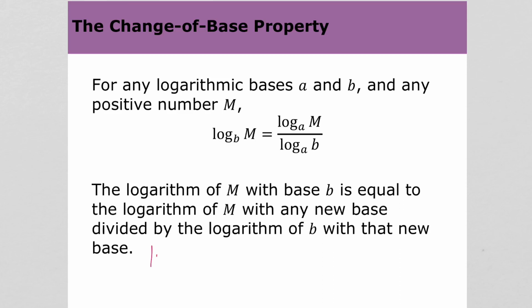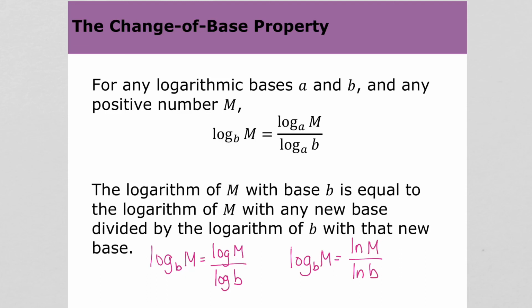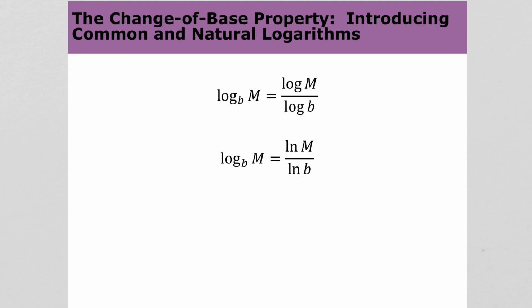So if you've got log base b of m, you can say that that is the log of m over the log of b. Or you could also say that that's the natural log of m over the natural log of b. As long as you make sure you put the of on the top and the base on the bottom. Oh, I already had that written there.